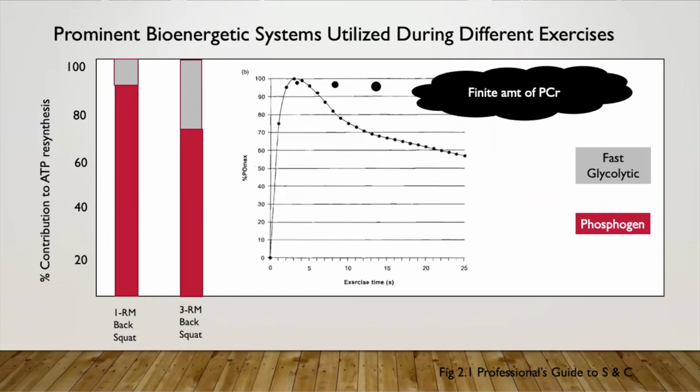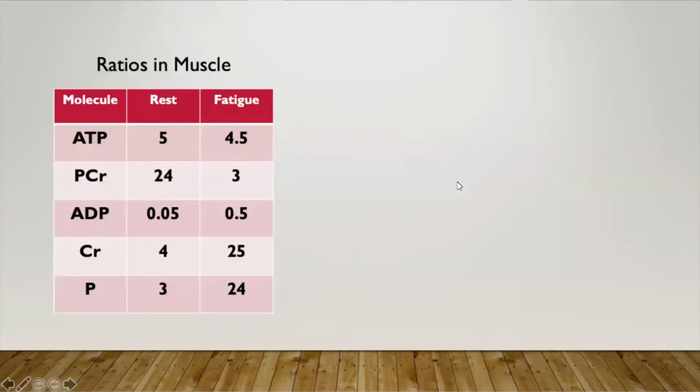It can't go on forever. So as you look at the line graph, you see that the power is falling off. It's getting lower and lower over time. That decrease is because we've had to shift to another energy system, and that's the fast glycolytic system, which we're going to consider here next.